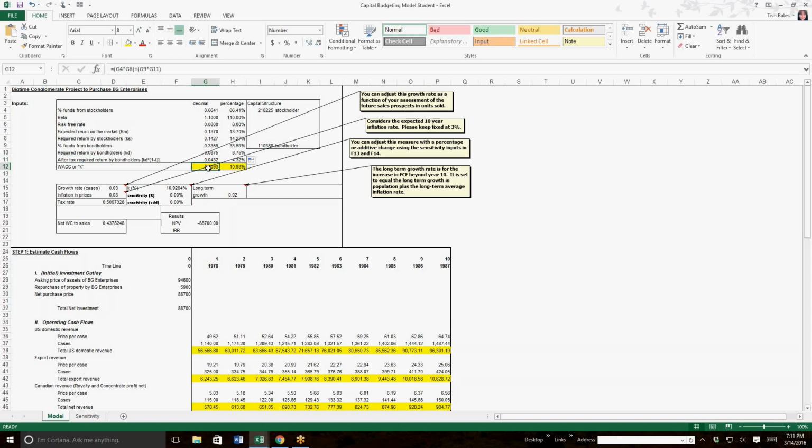So you see when I double-click on that formula, it's this times this plus this times this. So you see my formula there?